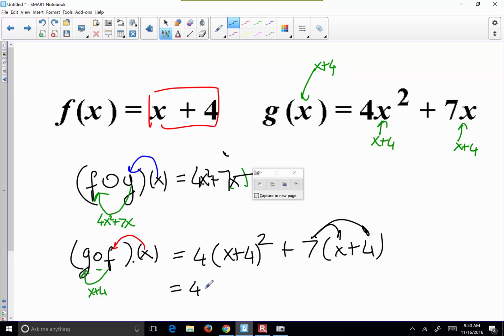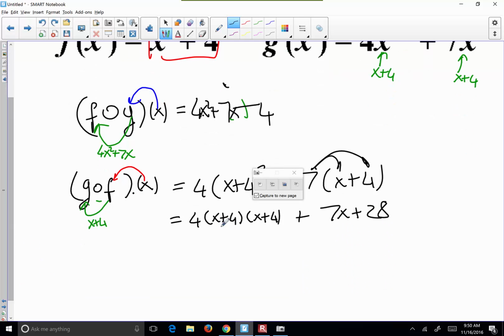Again, for further work, if you wish to, you need to do this. I will FOIL this as x squared plus 8x plus 16. That becomes 8x, and then I will multiply 4 with each.